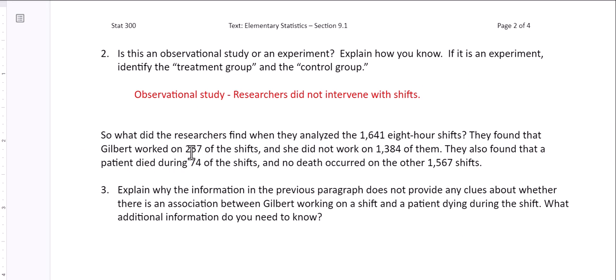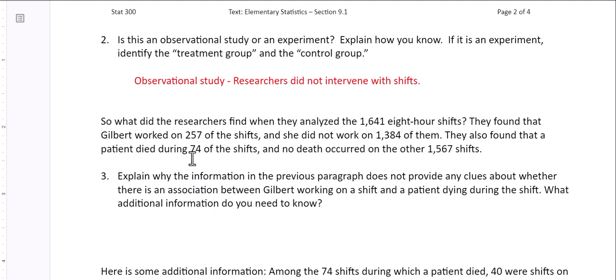They're talking here about the 1,641. What would be more helpful would be if we knew, of the 74 shifts where a patient died, how many were shifts that Gilbert was working on. So we will need that piece of information.